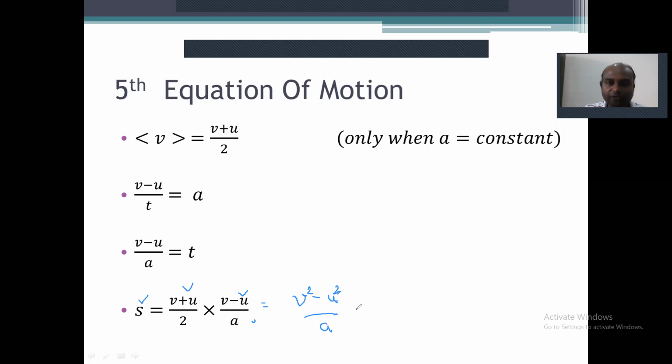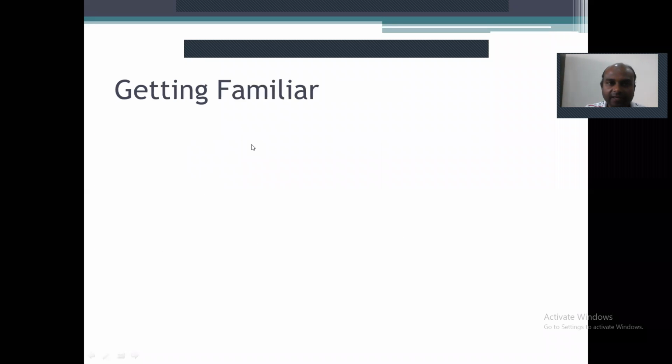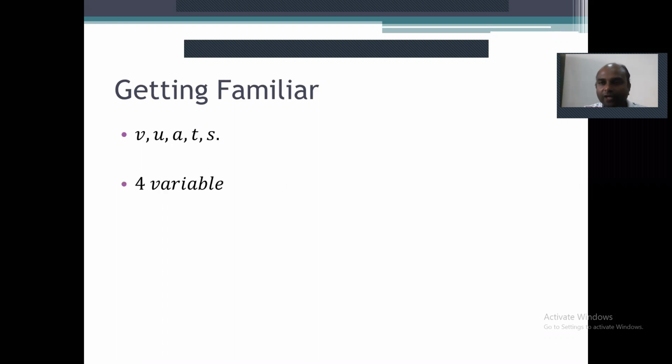So that is how we should interpret these five equations. And as I said, let me recap. Whenever we see any numerical problem, we should always realize that there will be five variables, out of which four variables would constitute any given equation of motion, and any problem would have three of these variables given, and we have to find one of these variables, or sometimes we have to find both the remaining variables.